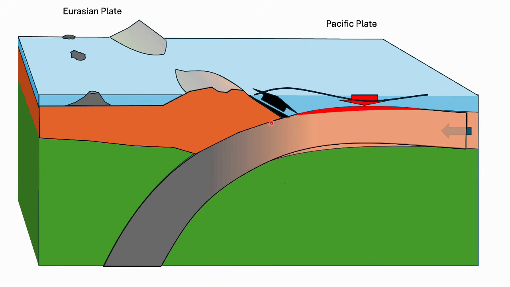Now remember, this rupture surface was 400 kilometers long and 150 or so kilometers wide. This is a very large wavelength wave. It's going to be tens or hundreds of kilometers in wavelength. The amplitude might be quite small.